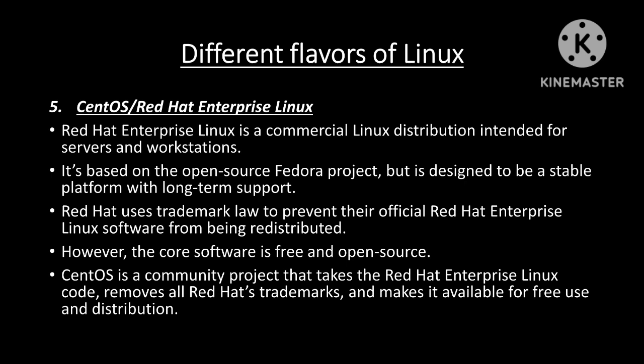It is based on the open source Fedora project, but is designed to be a stable platform with long-term support. Red Hat uses trademark law to prevent their official Red Hat Enterprise Linux software from being redistributed. However, the core software is free and open source.